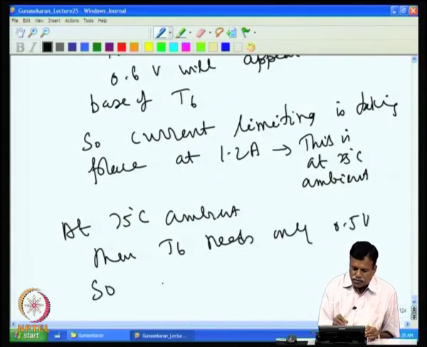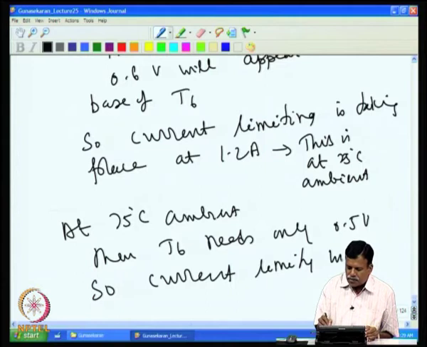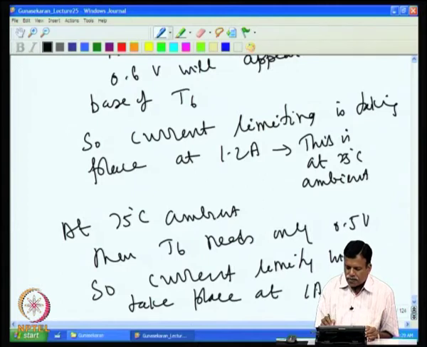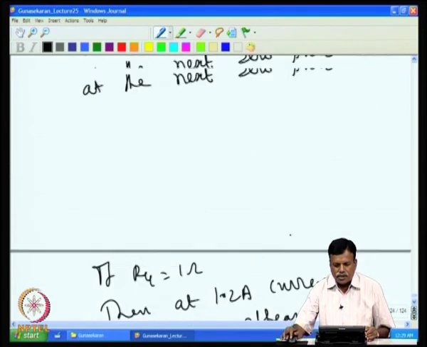So, current limiting will take place at 1 amp. So, obviously with the temperature the current limiting is changing.